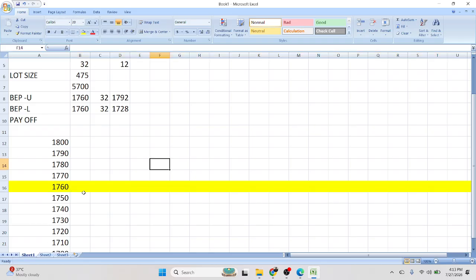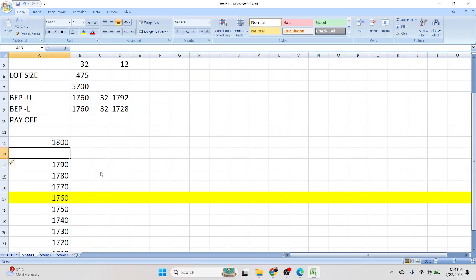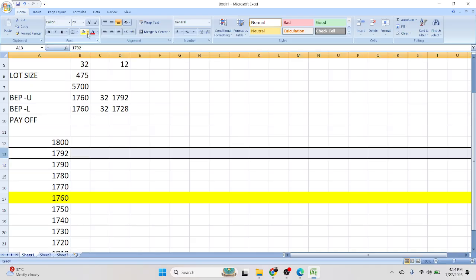This is my strike price, and up to 32 points is my break even. So 1760 plus 32 equals 1792, which is my break even point. So this is my break even point.